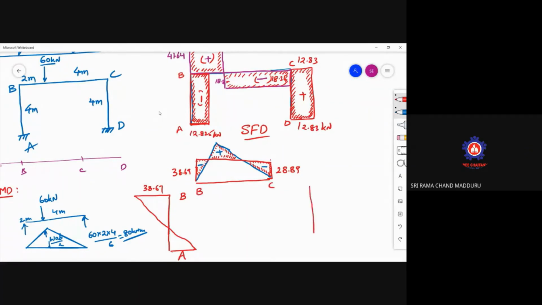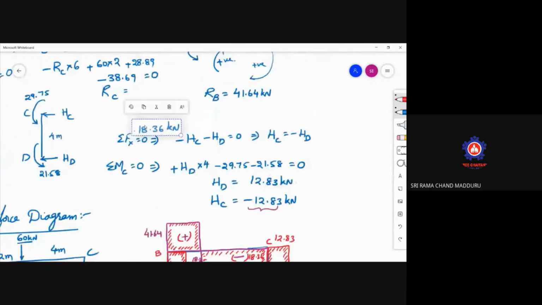For the CD portion, once again go to the column and understand the direction of the moments. Both are anti-clockwise, and the values are 29.75 and 21.58. This moment is trying to push in this way, and this moment is trying to push in this way.